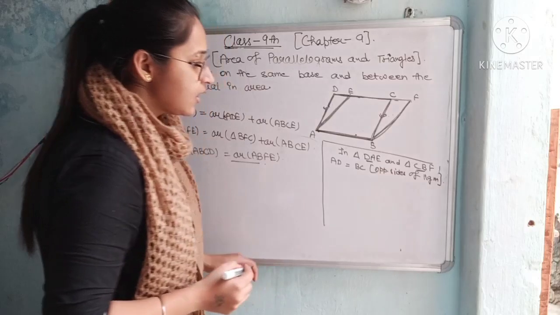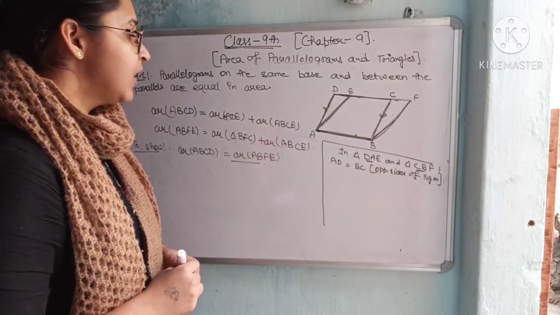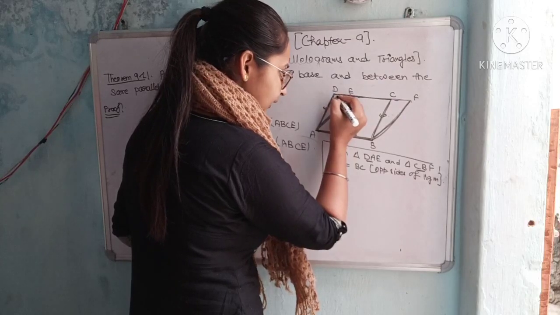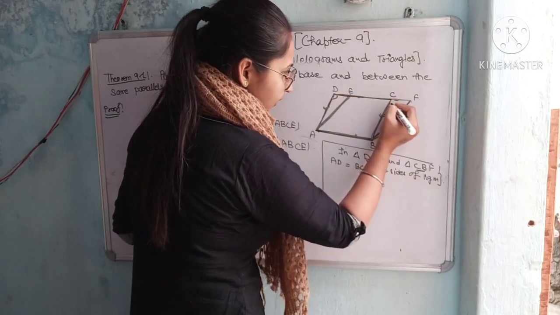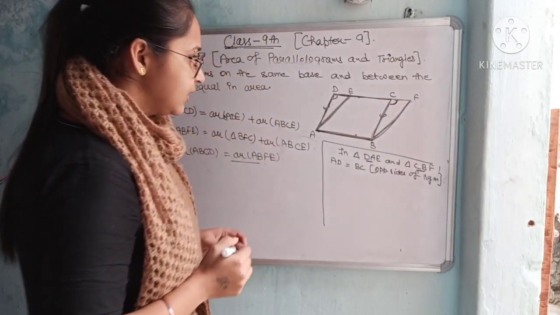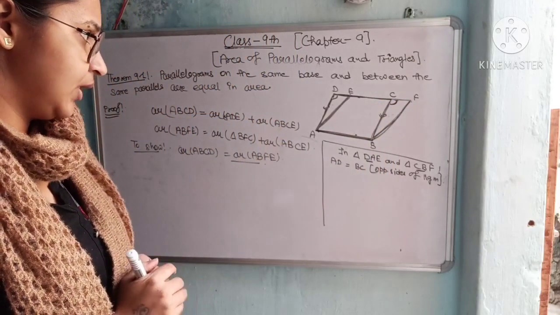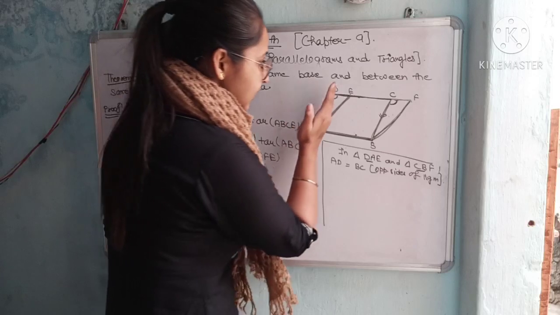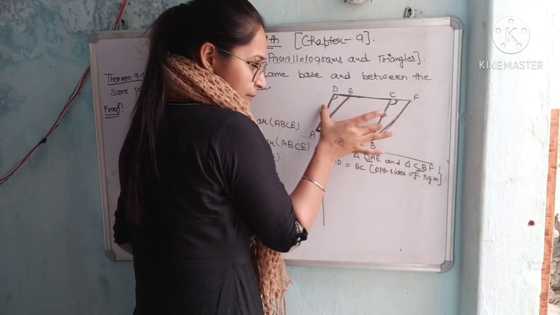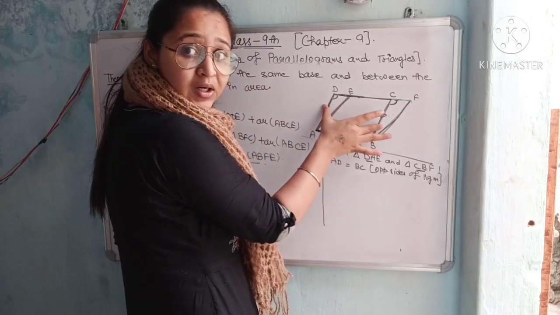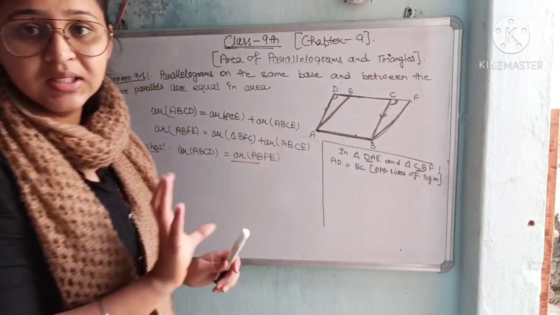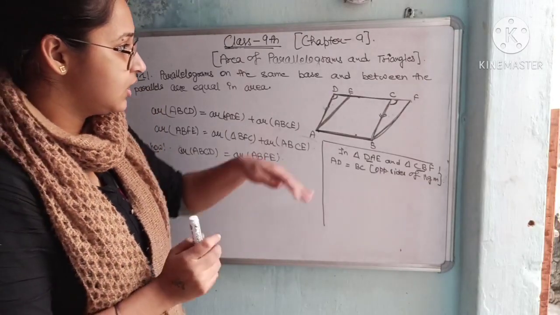Now, what are the other things that you can say? See very carefully. If I take this angle and this angle, then these two angles will be equal. Why? Because AD and BC are parallel, since ABCD is a parallelogram, and DC will be considered as a transversal line.